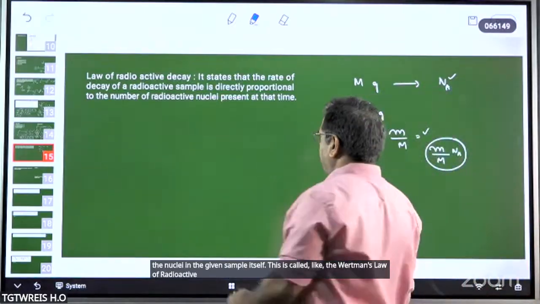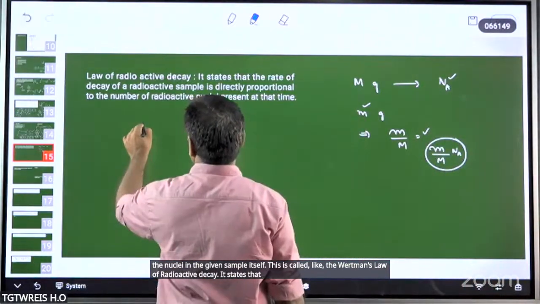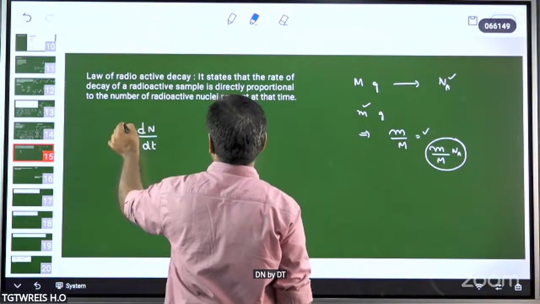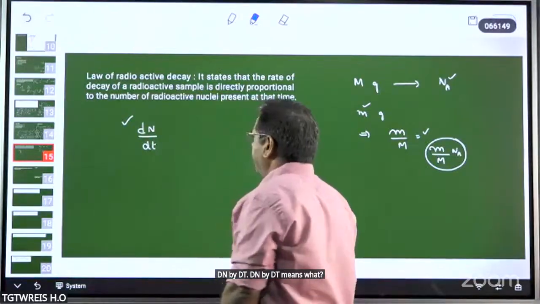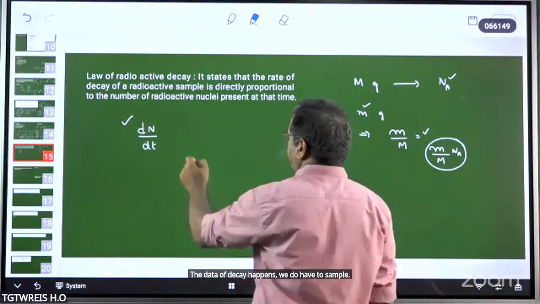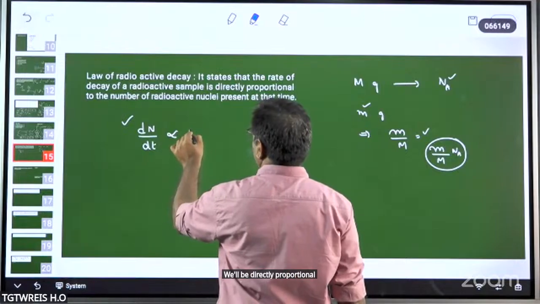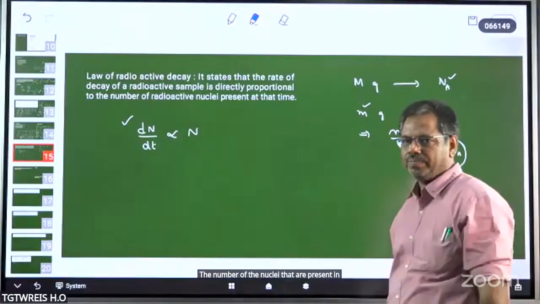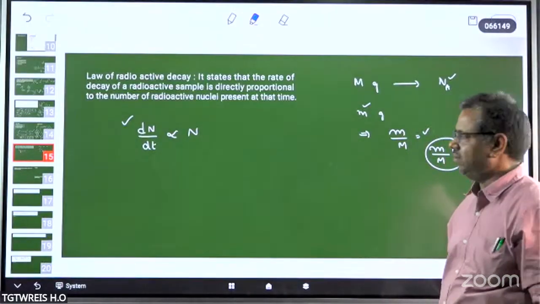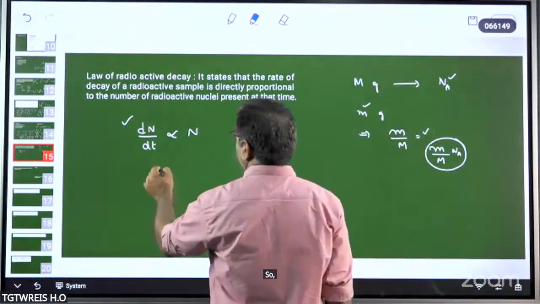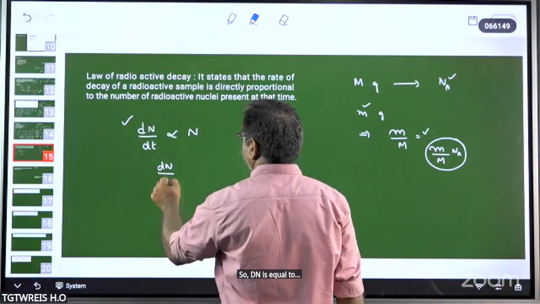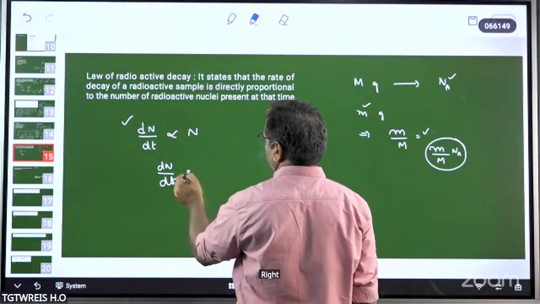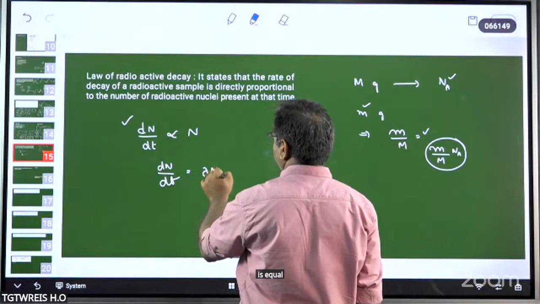It states that at any instant, dN by dt, the rate of decay of a radioactive sample, will be directly proportional to the number of nuclei that are present at that time. So dN by dt is equal to, we get, lambda N.